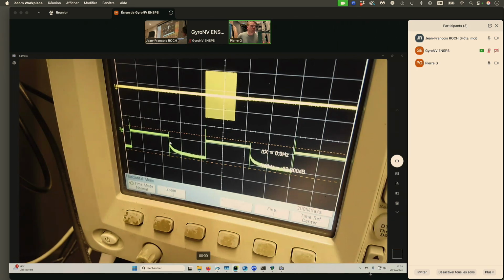So in fact, what we see here is the fluorescence in some way. The laser is used with NV centers. The laser is used for two things: to initialize the system, okay, and to read its state. So at the end of this laser pulse, the system is reinitialized, and at the beginning of this one, we read its state.